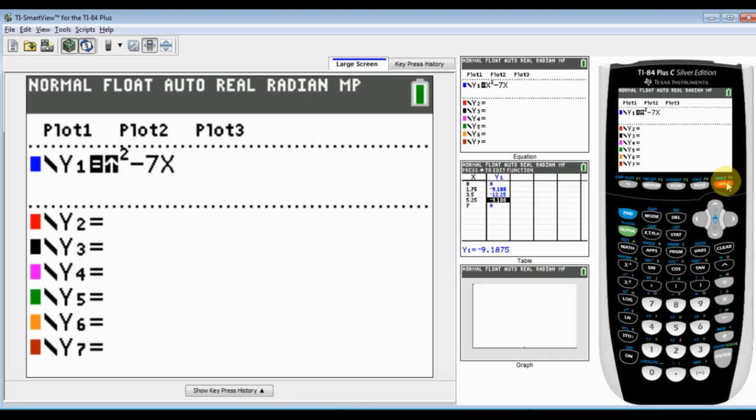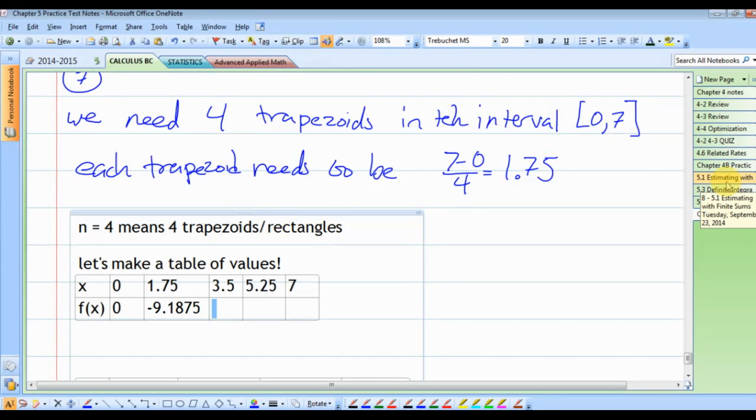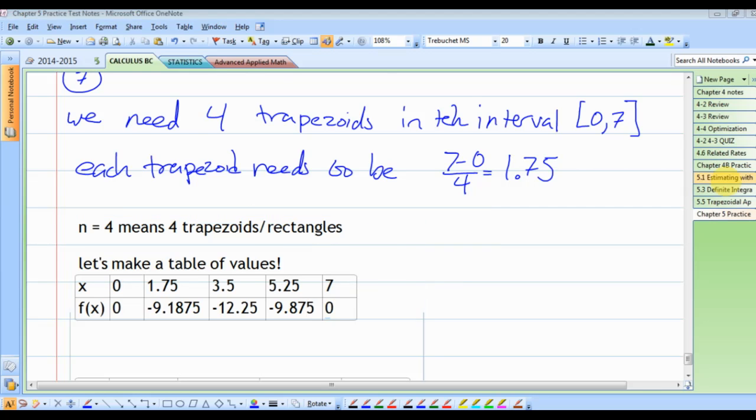I just wrote it wrong? What do you mean? Yeah, don't round it. It rounds it incorrectly for you all the time. Negative 12.25. Negative 9.875. 0.